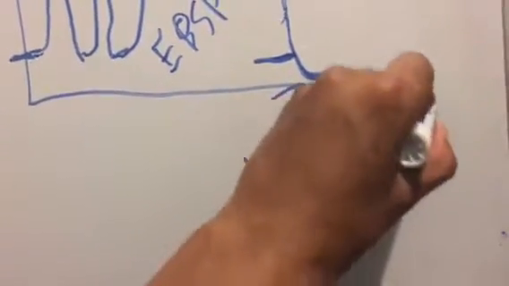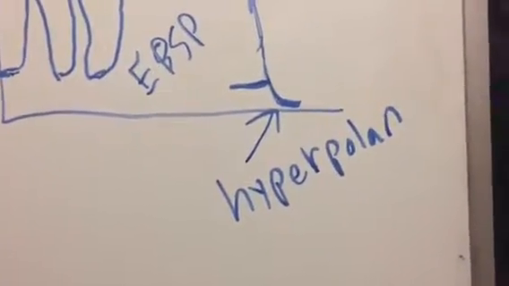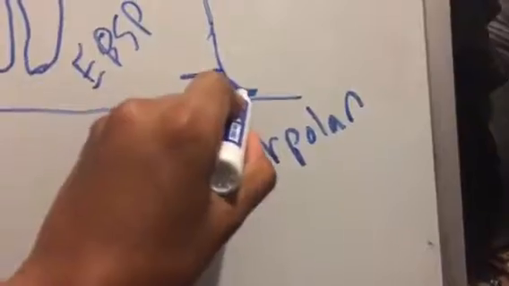I'll just write hyperpolar, and it ends up balancing itself out and gets back to neutral. Once the potassium channels realize that they should close, it all ends up being chemically balanced at negative 70.